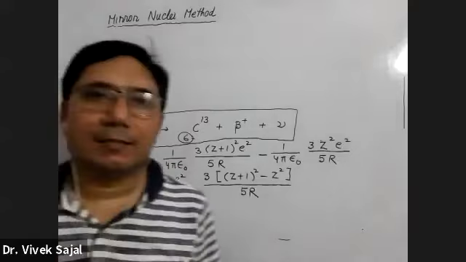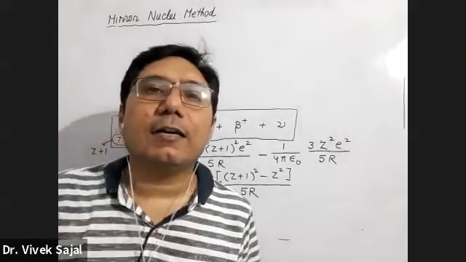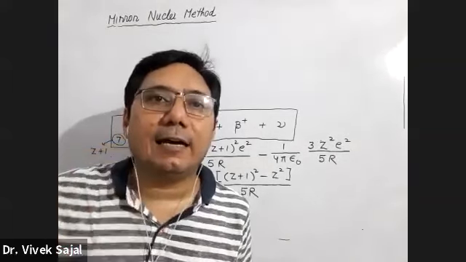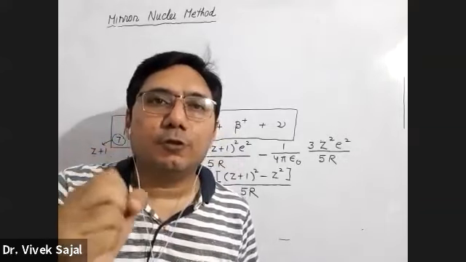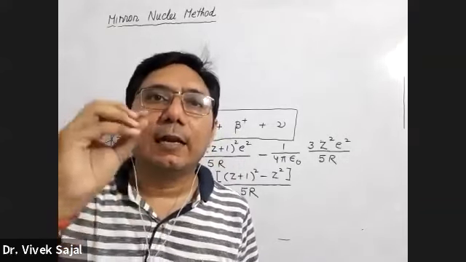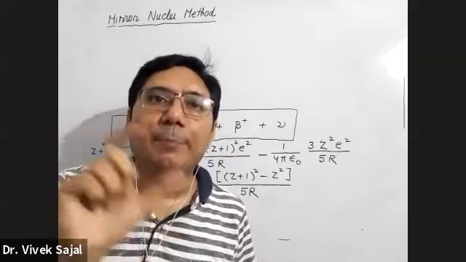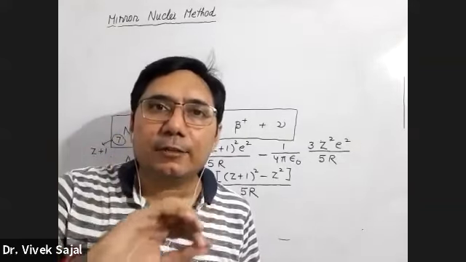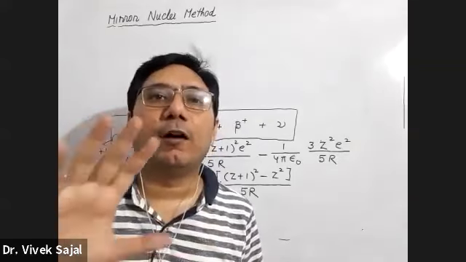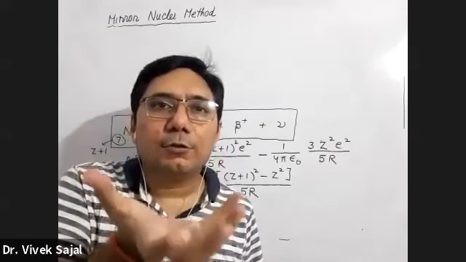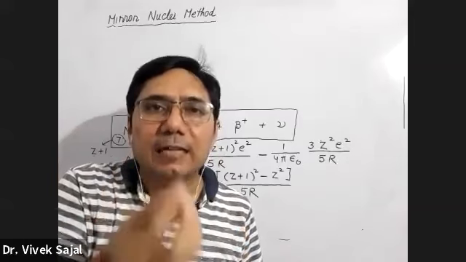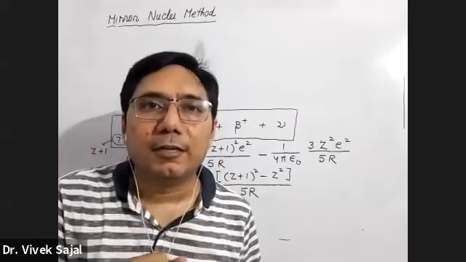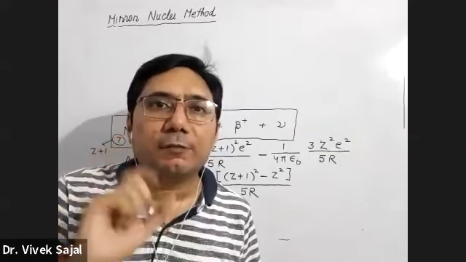Take a sphere. Okay? Take a sphere and assume that this sphere has plus Ze charge, and capital R is the radius of this sphere. This charge is uniformly distributed throughout the sphere.